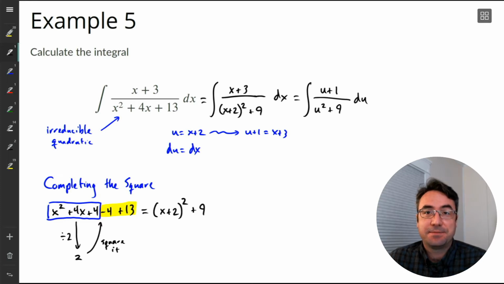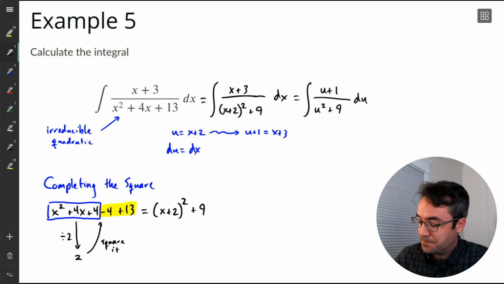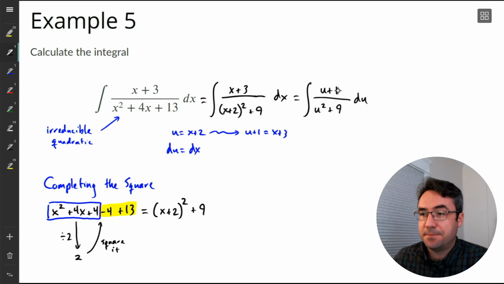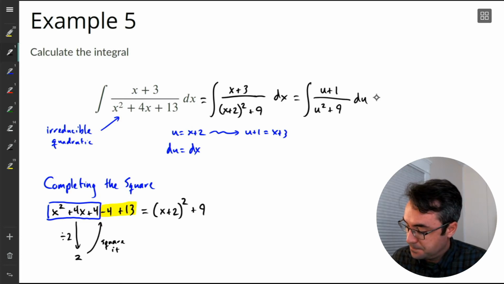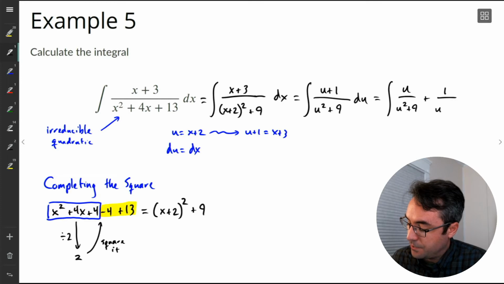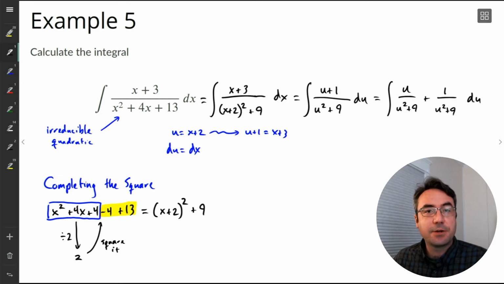So let's go through that process. We're going to break this up into u over u squared plus 9 plus 1 over u squared plus 9, du. That's our general strategy for when we have these irreducible quadratic fractions.